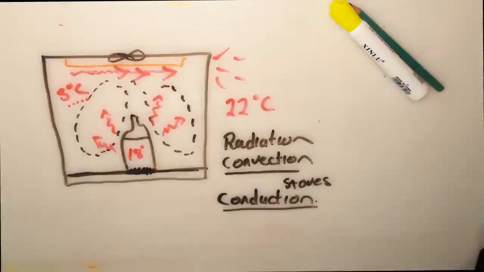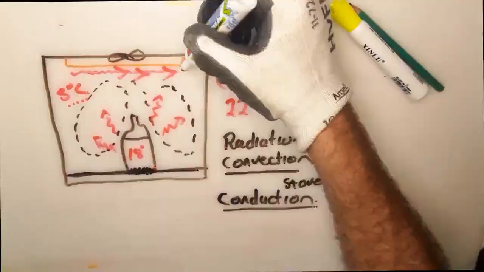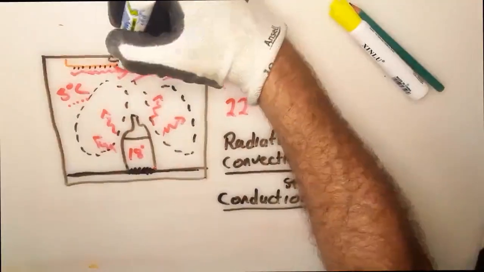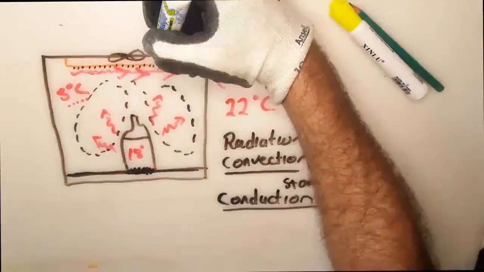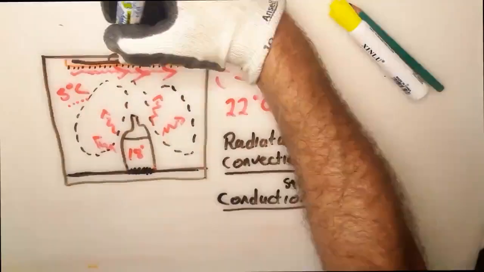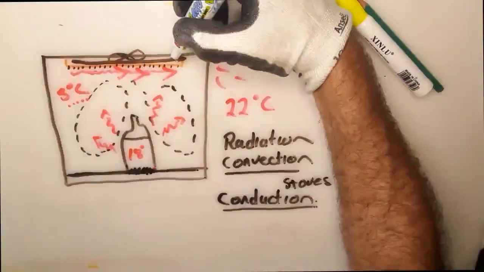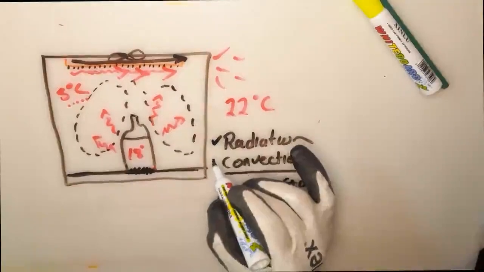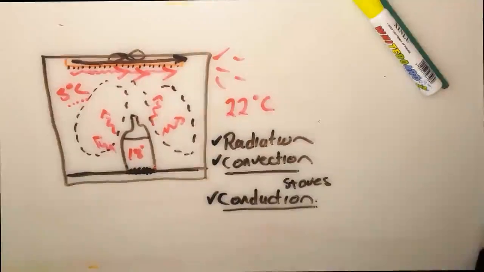The other part of conduction is that as my refrigerant is running through, my atoms are starting to warm up and conducting the heat onto the evaporator, which is going to dissipate it via the refrigerant out of the fridge. So just from inside the fridge, we've got all three laws of heat transfer applied.